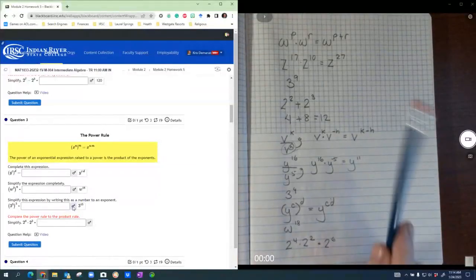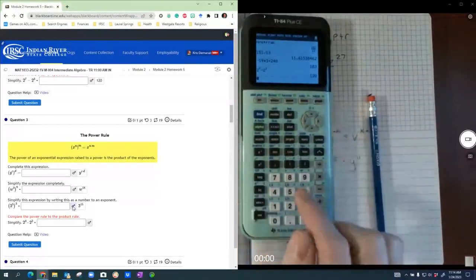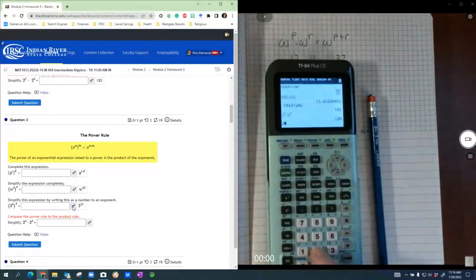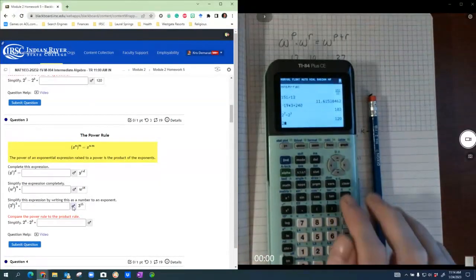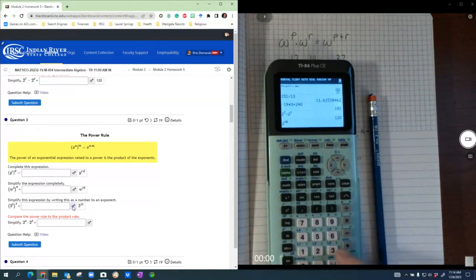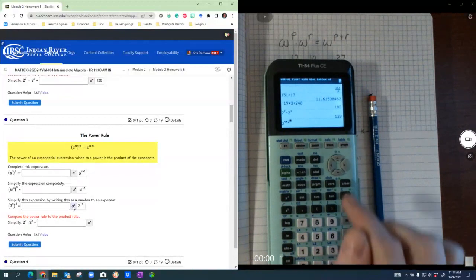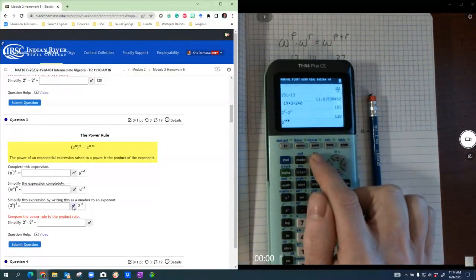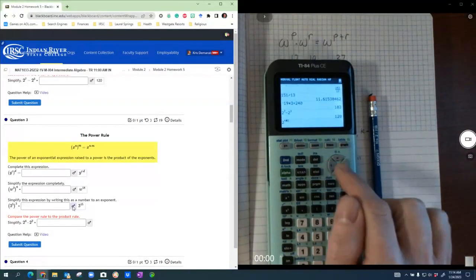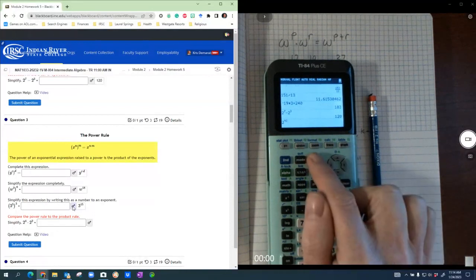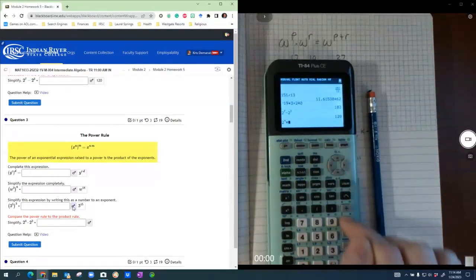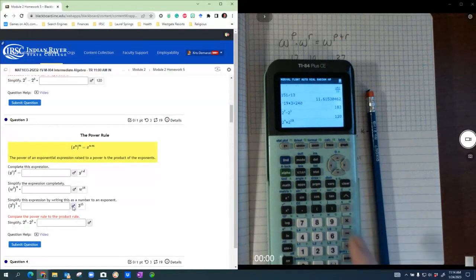All right? So again, you can punch it in your calculator, and what's nice is getting to know your calculator. You do 2 to the 4th power, and then times 2 to the 2nd power. I had to make sure I got away from the exponential power.